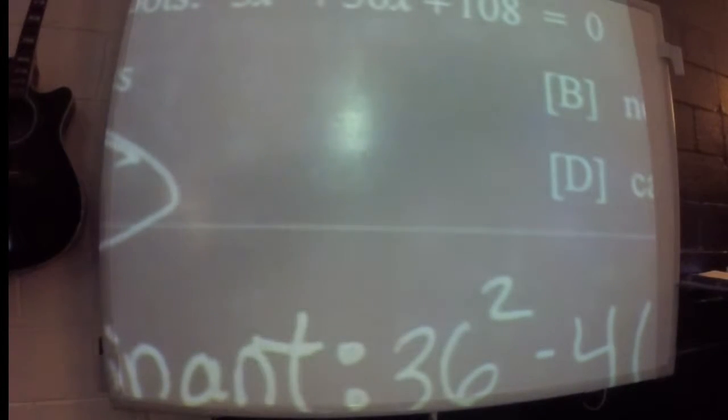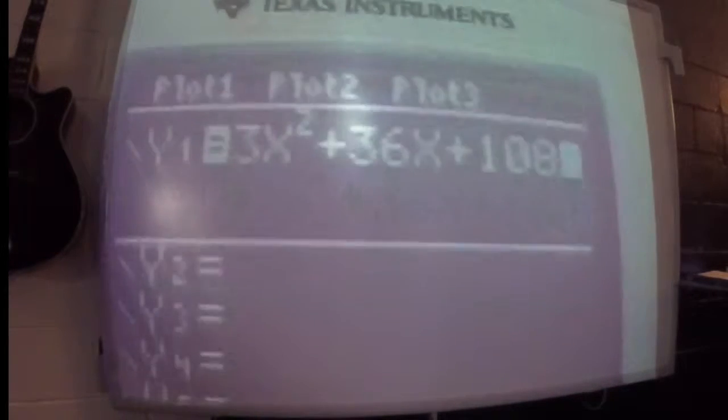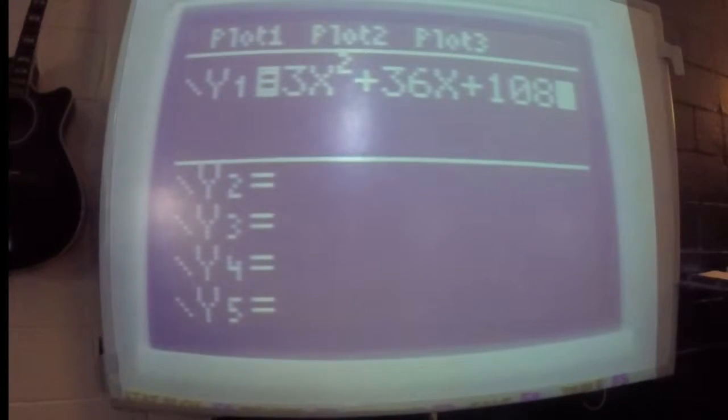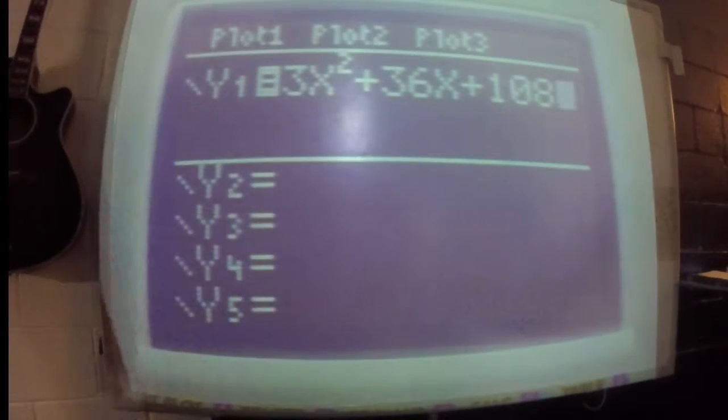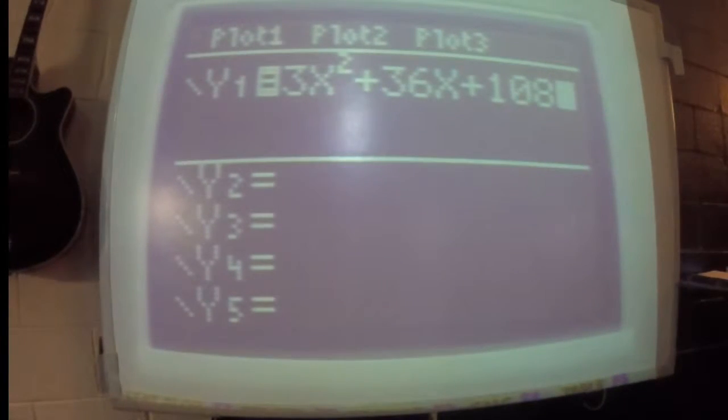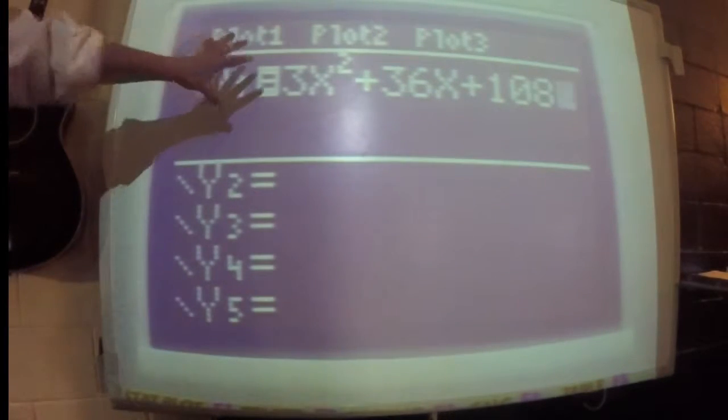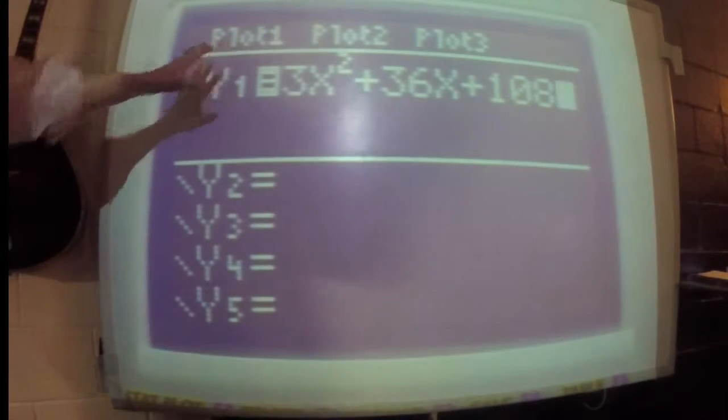Let's graph y equals 3x squared plus 36x plus 108. Now, since you have one real solution or one root, I would expect this to hit the x-axis once.